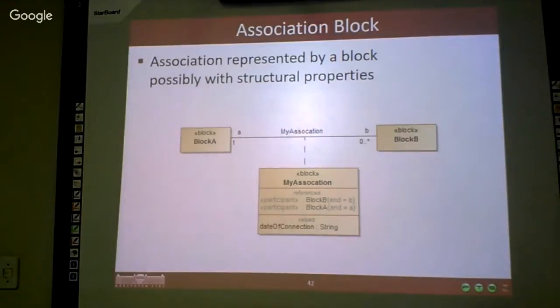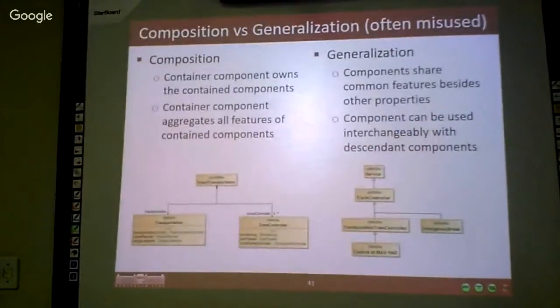So this way you can express more complex associations. This is actually quite similar to some concepts in database theory. So whoever has done database development, that concept is quite close to that.